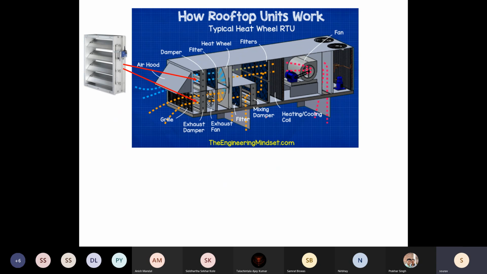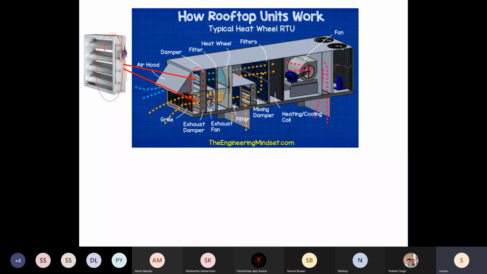So this is a nice sketch I took from a website, showing how rooftop units work. Invariably you will see that these central ACs are mounted on the rooftop of commercial buildings. There are a lot of ductings over here. Wherever you see this flap, there is a small motor provided which can slide this rod, and hence rotate this flap.